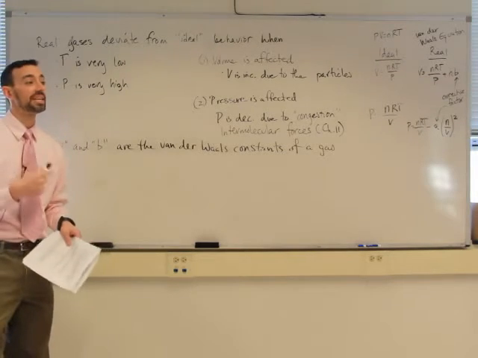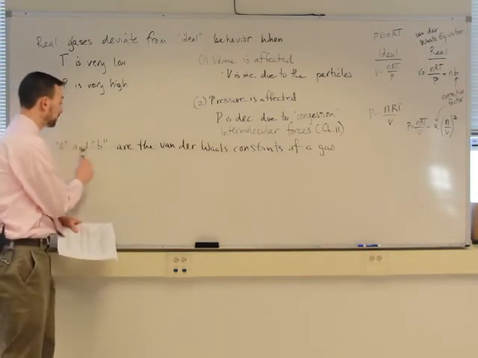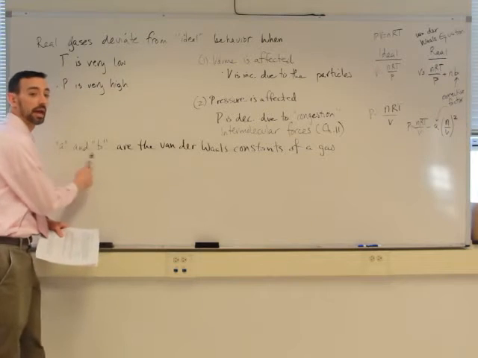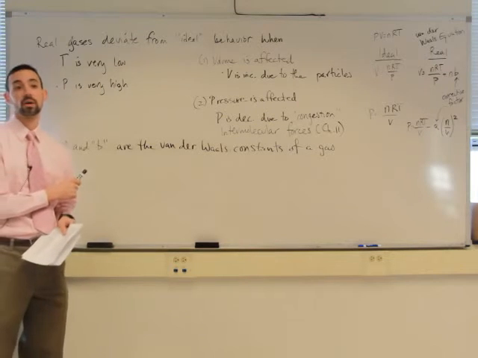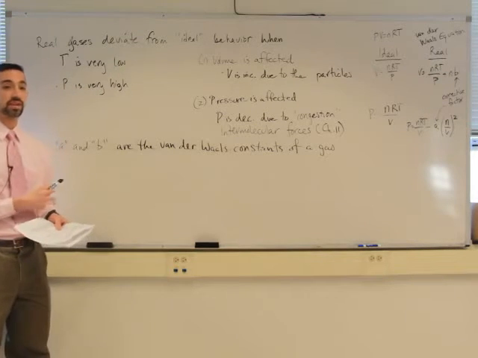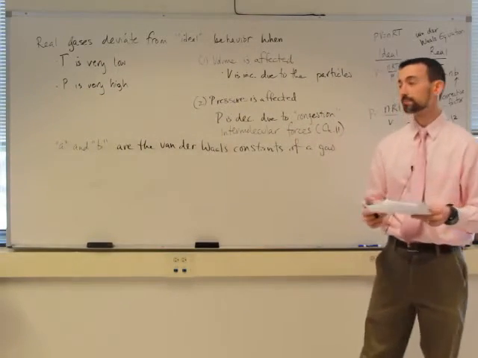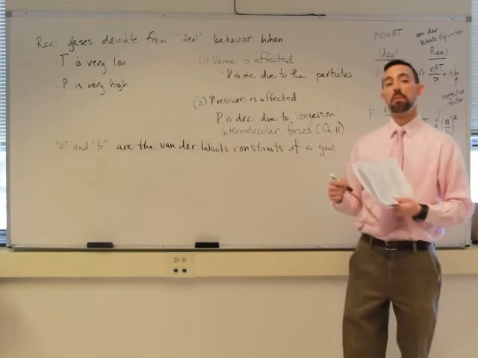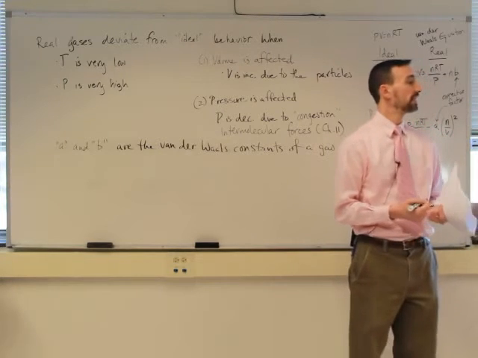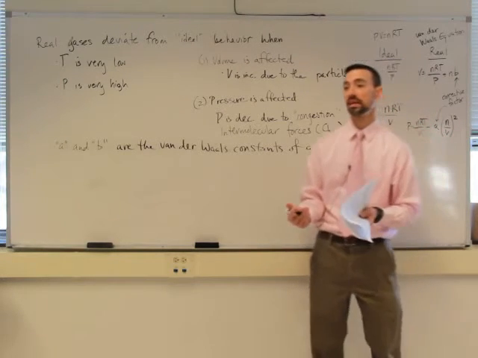The goal of today's lab will be to experimentally determine A and B for a real gas. And so that's what we're after with the exercise that we're doing today. The way we determine them is by measuring something in the lab.